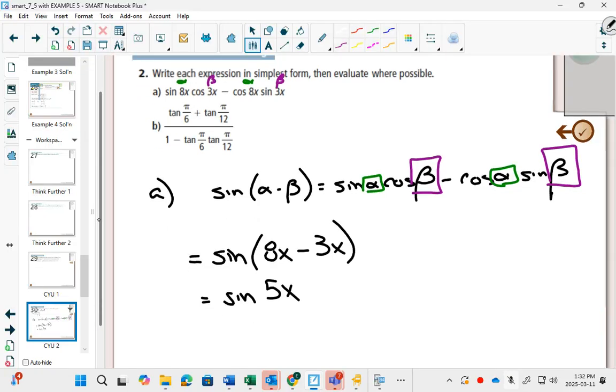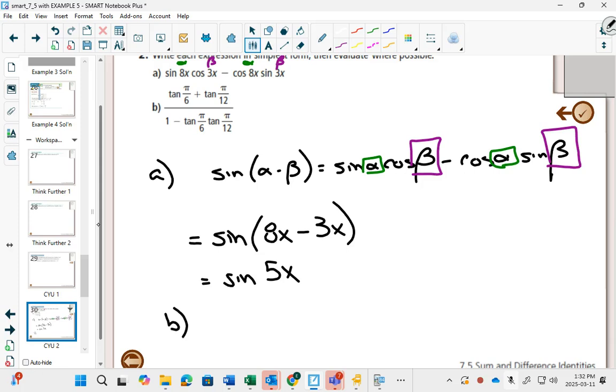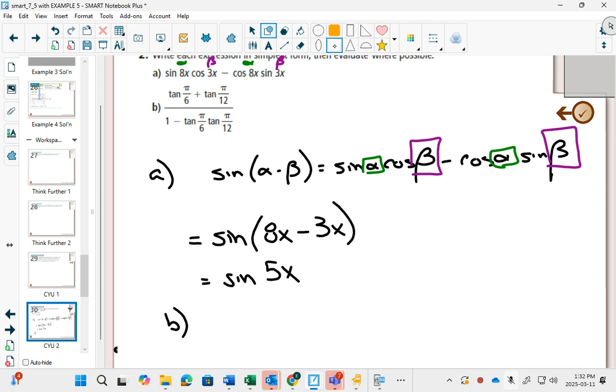In B, I have tan plus tan over 1 minus tan tan. That's sort of how I read it. Is there a formula on your formula sheet, and I have them up on the wall over here as well, that is tan plus tan over 1 minus tan tan?